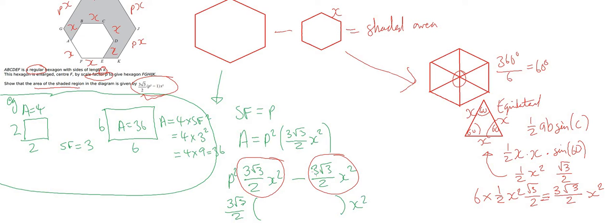Put the x squared on this side only because basically that's where it is on the original. So now inside, what have I got? Well, it's multiplying p squared. And so I'm taking away one lot of that. If you look at this, 3 root 3 over 2, yep, p squared minus 1, yep, x squared. And that means that we have shown that that is correct.